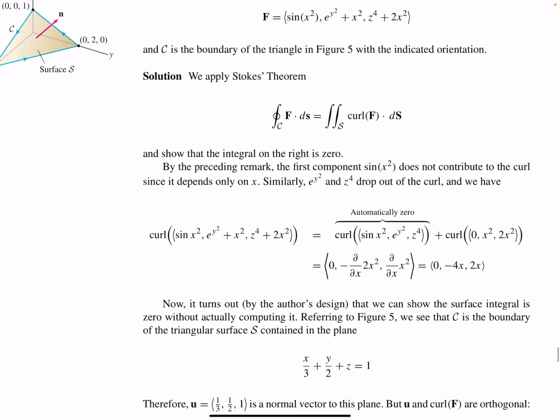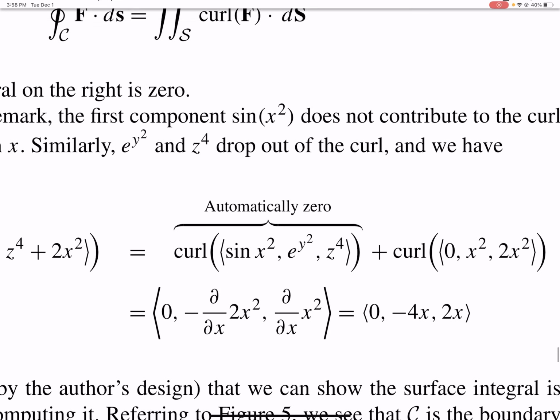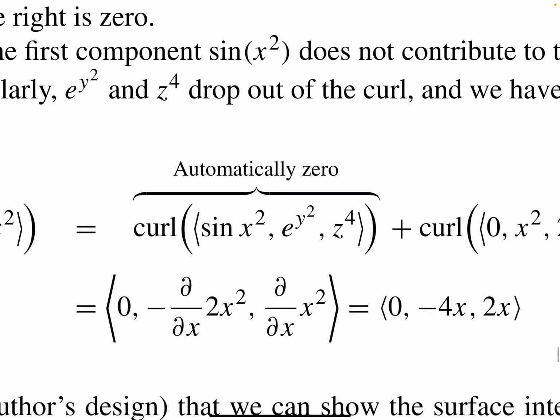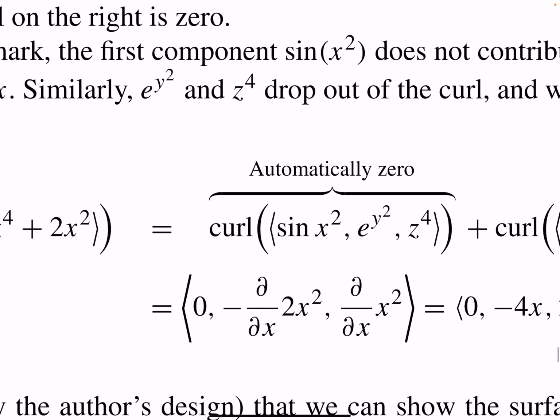And so down here, they say this part, sine x squared, and the e to the y squared and the z to the fourth will all be 0 in there. So you really only have to focus on the curl of the non-variable specific portions of those functions. And so they cut it out to be 0, x squared and 2x squared.